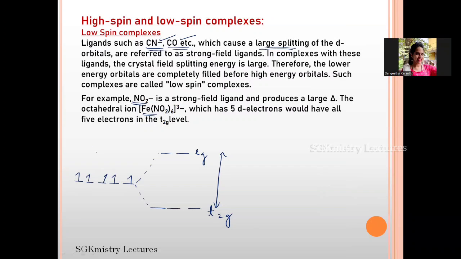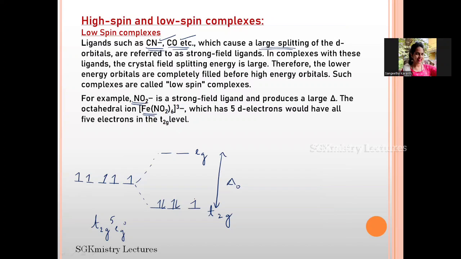Now how will these electrons fill into these orbitals? 3 electrons will fill here. Since the delta value is very high, the fourth electron will not jump to the higher energy level. Instead, it undergoes pairing. So 5 electrons will be present in the t2g level, and the configuration will be t2g5 eg0.